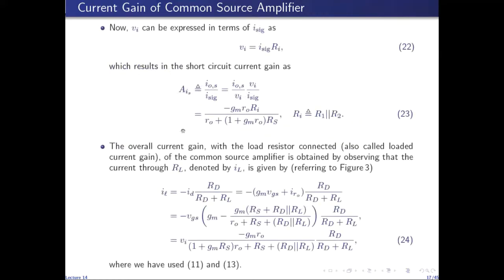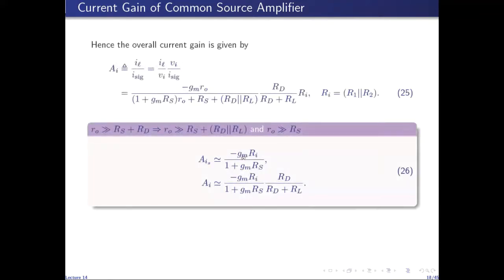So under these assumptions, small R naught plus RS is almost equal to small R naught. So we'll be left with small R naught plus GM R naught RS. So R naught will get cancelled out and we'll be left with this commonly found expression of minus GM RI over 1 plus GM RS for the short circuit current gain of the common source amplifier.